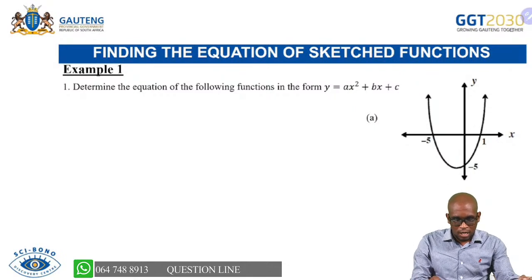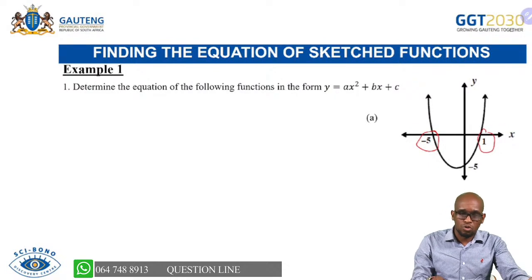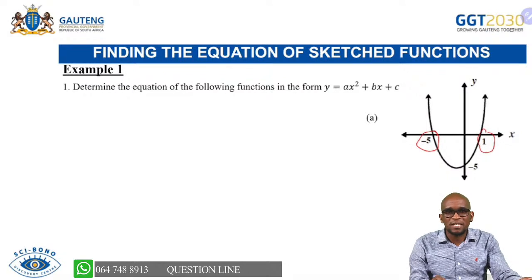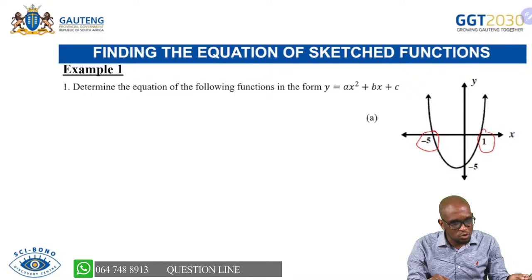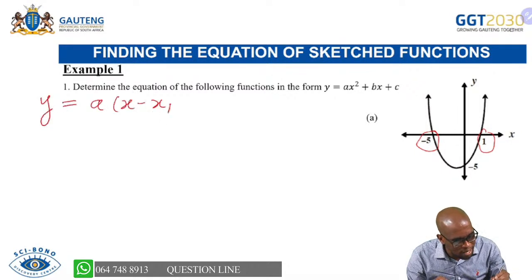Now, if, for example in this one, you are given -5 and 1, those 2 values represent our x-intercepts. Because this parabola has x-intercepts that are given, in order to determine its equation, we are going to use this form: y is equals to a into x minus x1 times x minus x2.